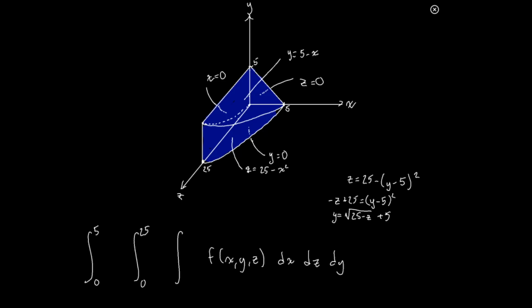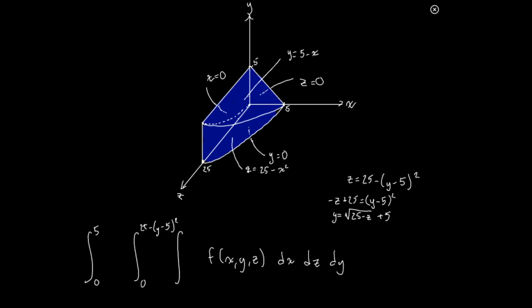Good thing to start out with, we already have the equation in terms of z right here. So first we're going to go 0 all the way out to that dashed line that we have there. And that is going to be 25 minus y minus 5 squared. All right, then we have from that little section of that wall all the way out, ends up hitting this section here.